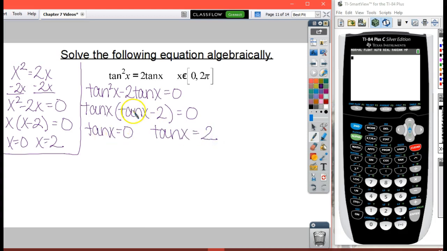Now this is split apart into 2 separate problems where I need to find all the x values where tangent is 0 in between 0 and 2 pi, and all the x values where tangent is 2 in between 0 and 2 pi. Looking at our unit circle, I know that the tangent is 0 at this location, which you could call 0, and at this location, which is pi.